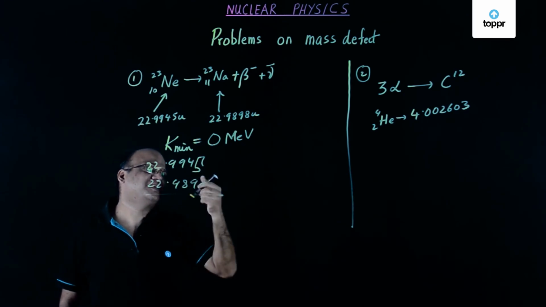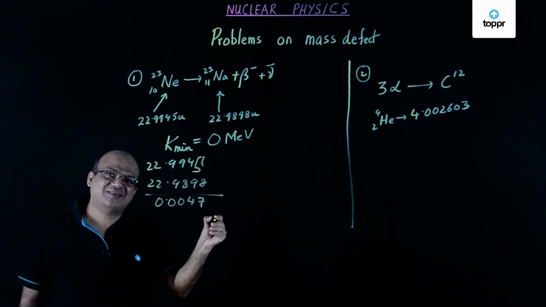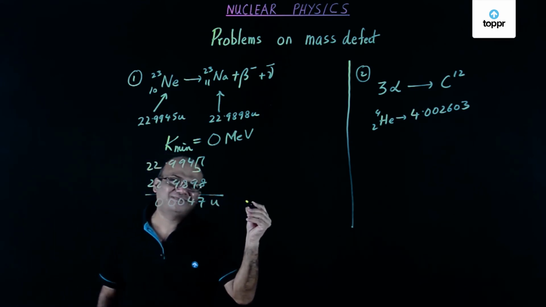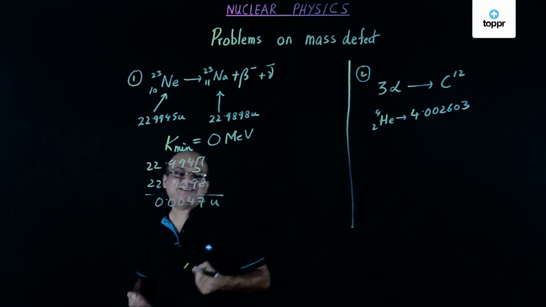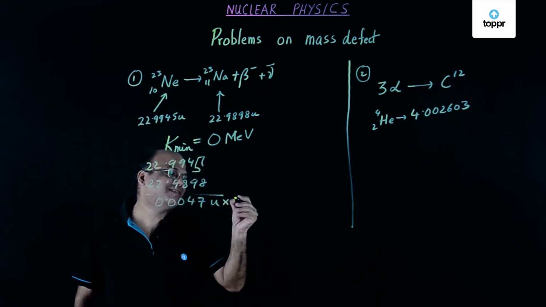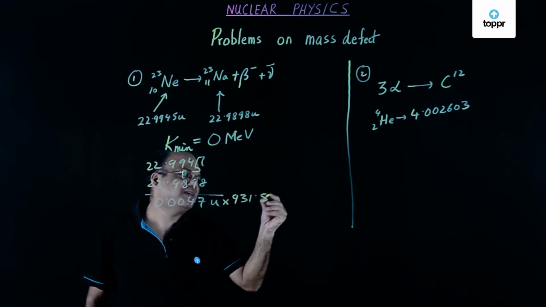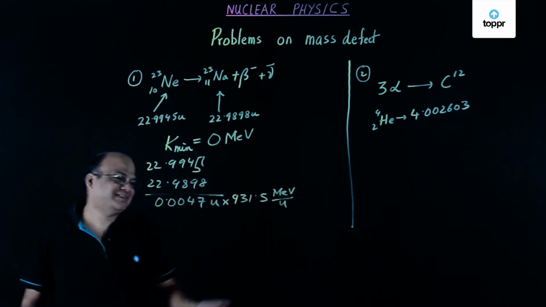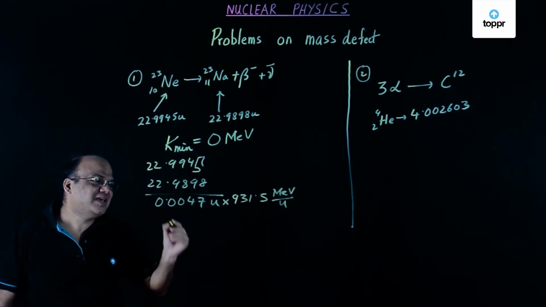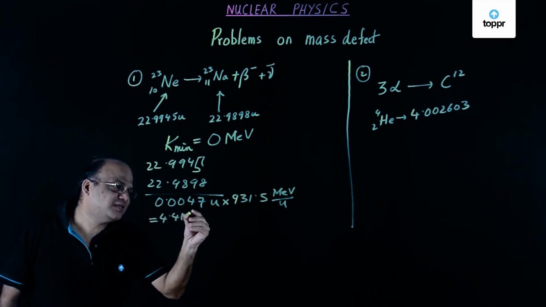We get 0.0047 U. This is the mass defect. How to find the energy? Multiply this by 931.5. That will give you MeV. We can divide by U so that this equation looks nice. And that comes to 4.4 MeV.